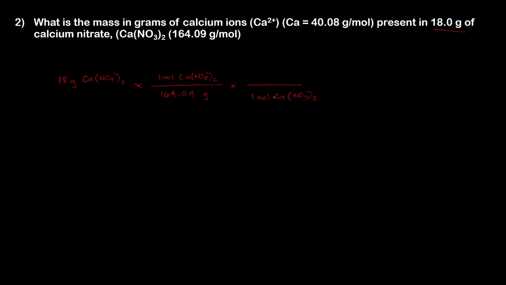There is only one calcium. So one calcium ion is in one calcium nitrate. So 1 mole of calcium ion. See, there's only one calcium here. So 1 mole of calcium ion weighs 40.08. Again, this can be found in your periodic table. 40.08 grams calcium ion. Okay.